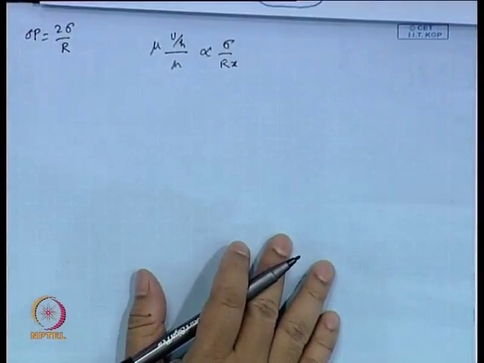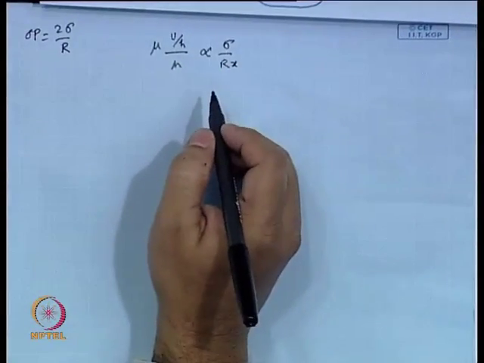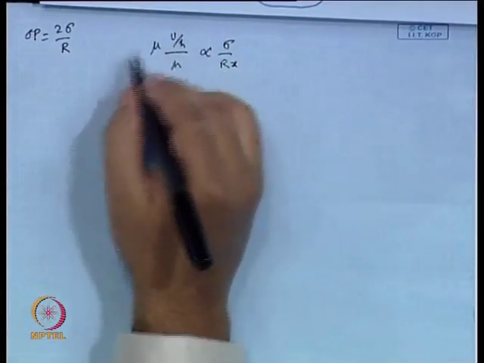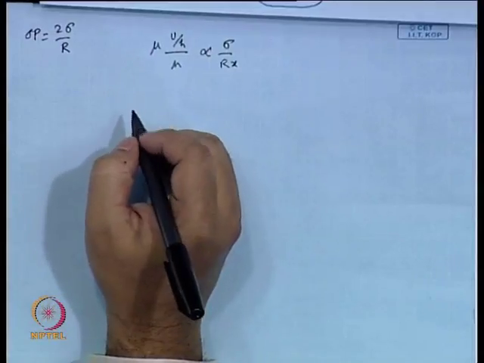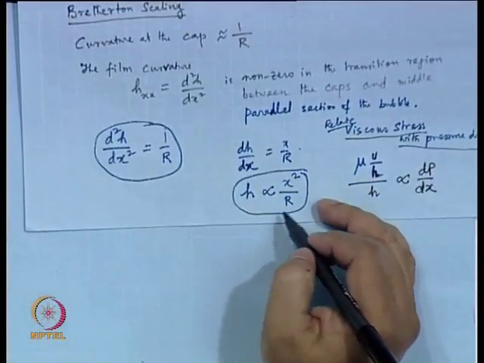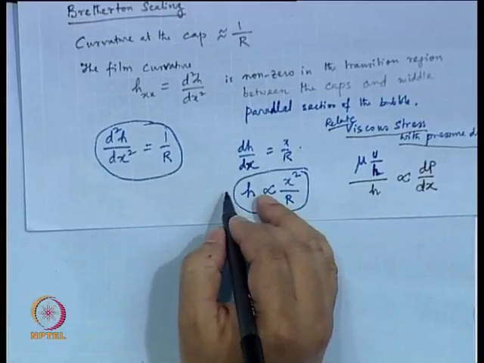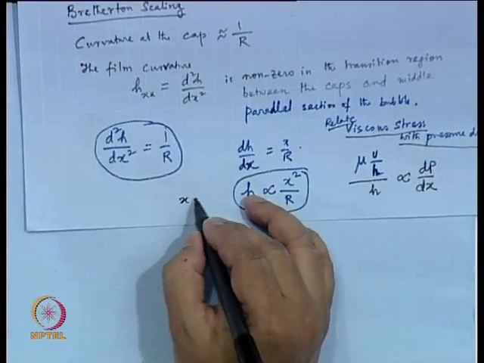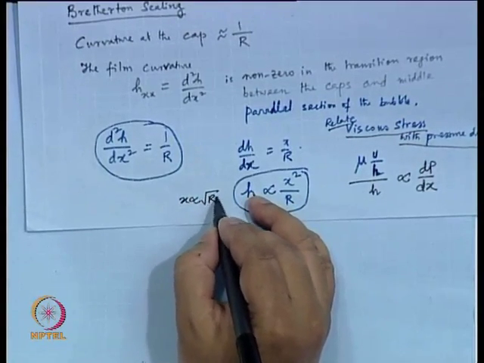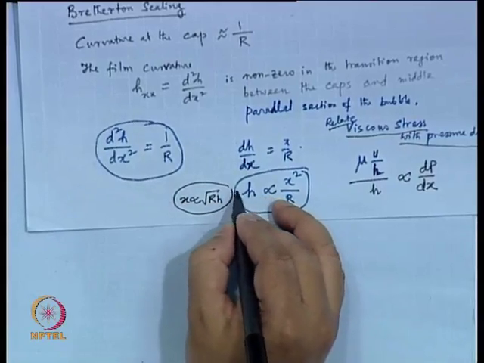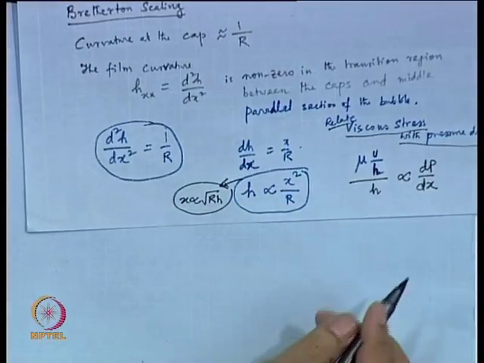All right. So, on one hand you have this relationship, on the other hand you have said that h is proportional to x square over r, or you can say x is proportional to square root of r h. So, this is another relationship coming from here.